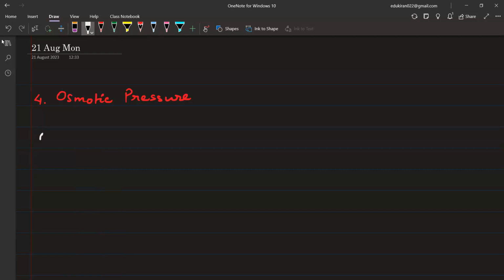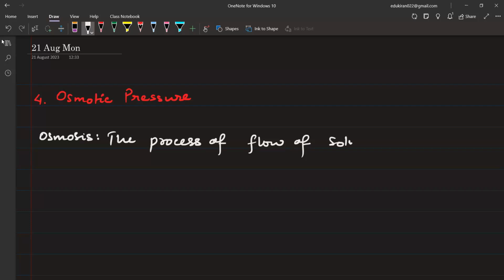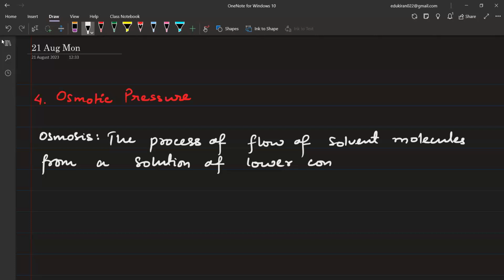So please write osmosis. The process of flow of solvent molecules from a solution of lower concentration of solute.